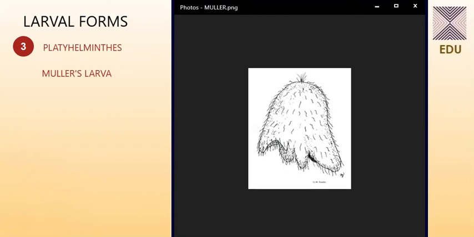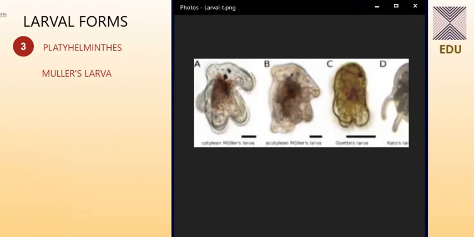So students, that was the Müller's larva in the case of the polyclads or the Polycladida group in the Platyhelminthes group. Now students, before going further to the second larval form in the Platyhelminthes, I must give you some idea about the two major groups of the Polycladida group.